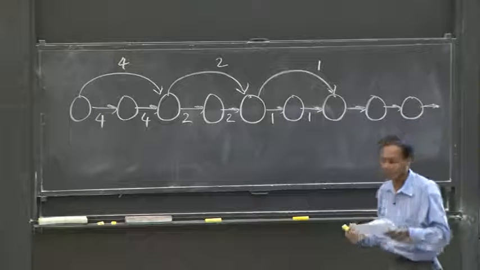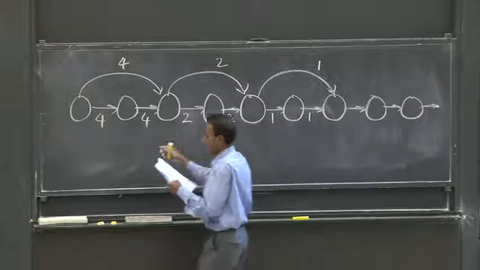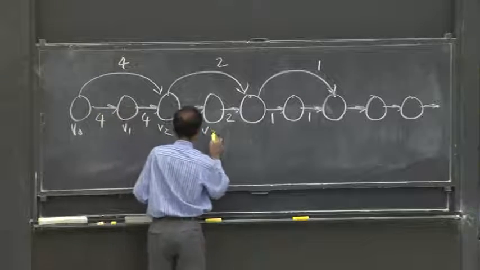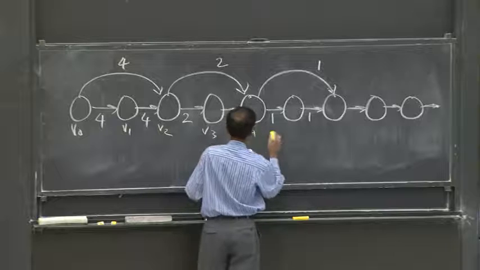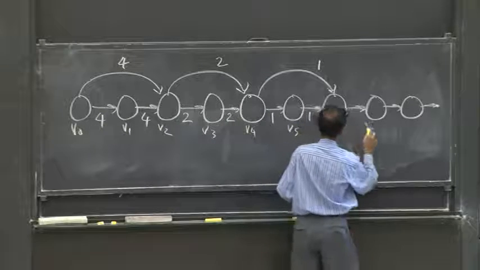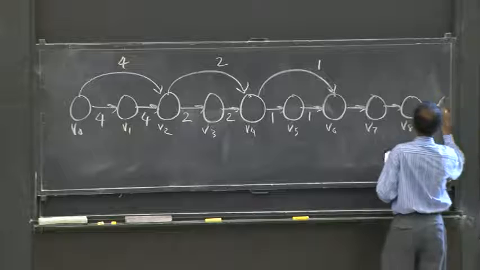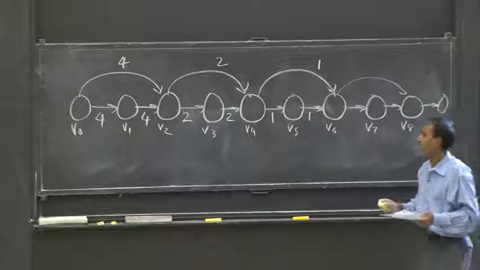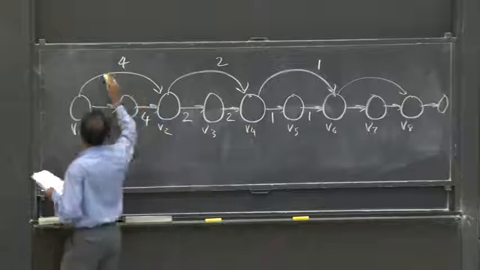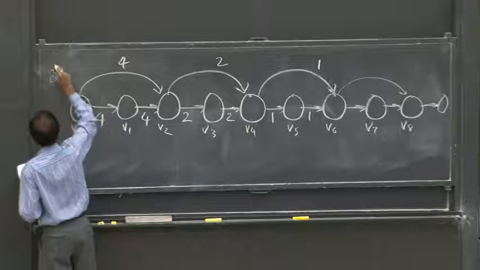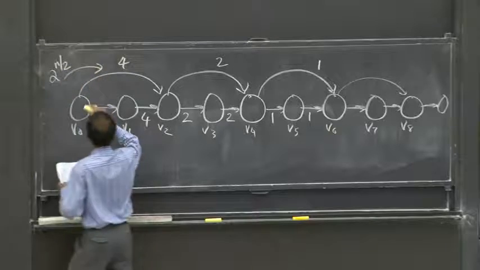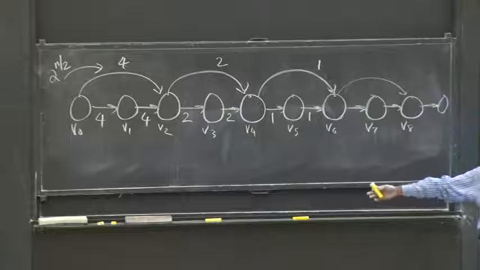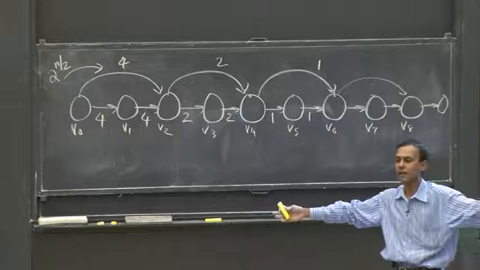If I created a graph that looked like this, with V4, V5, V6, V7, V8 and this structure, then I'm going to end up having something like 2 raised to n over 2 weight if I have n vertices in this graph, or at least the dynamic range of weights is going to be 2 raised to n divided by 2.